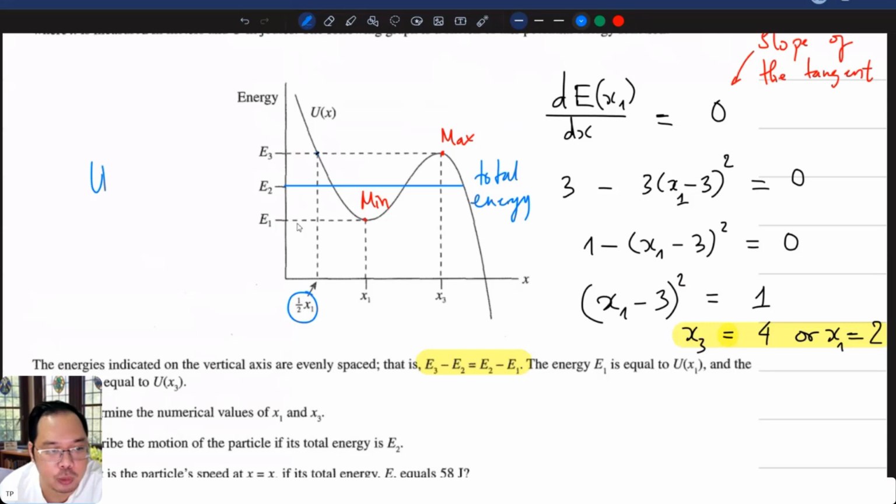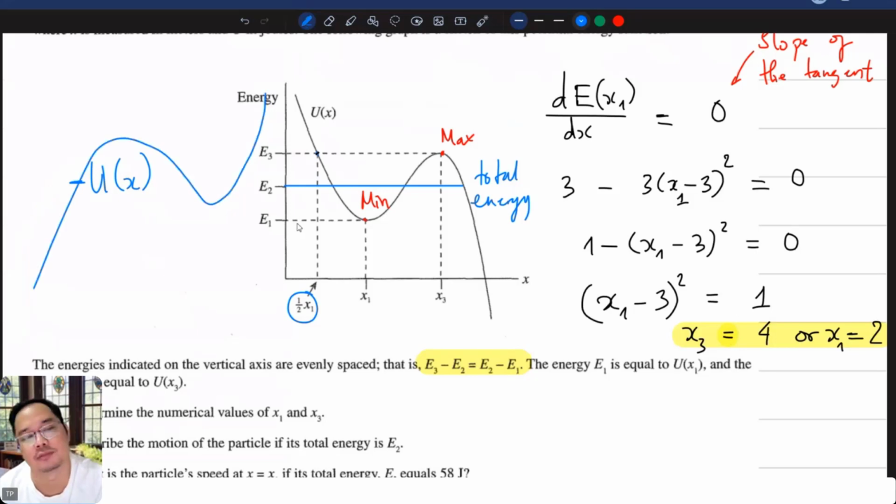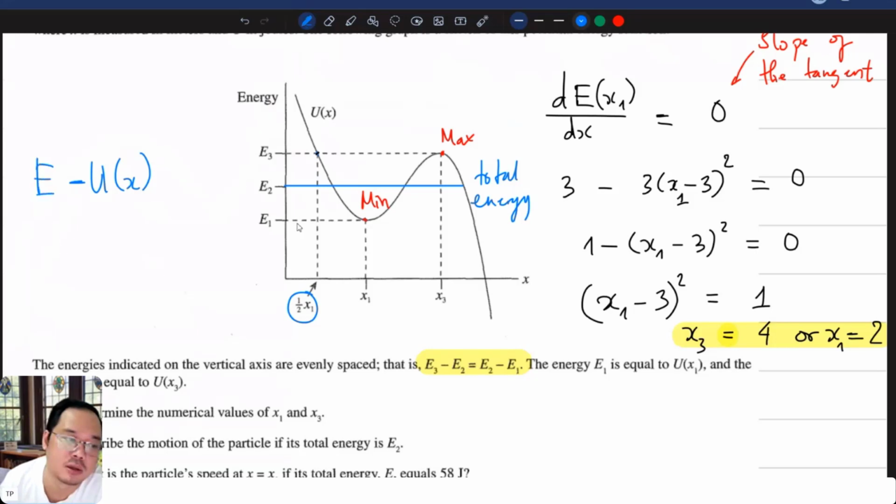Minus of a function: we have a function U, and then you put a minus sign in front of it. It will be reflected in the vertical direction, like this. And then the constant, which is E2, in front of it.